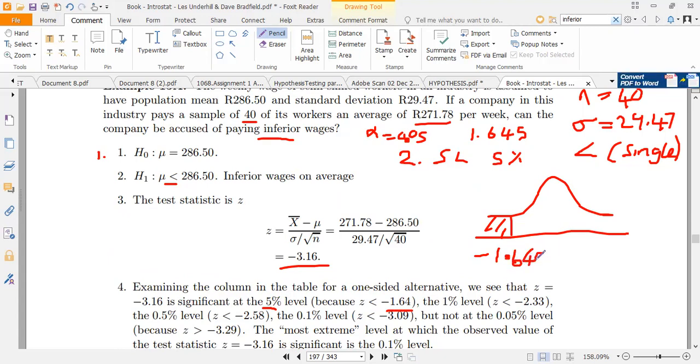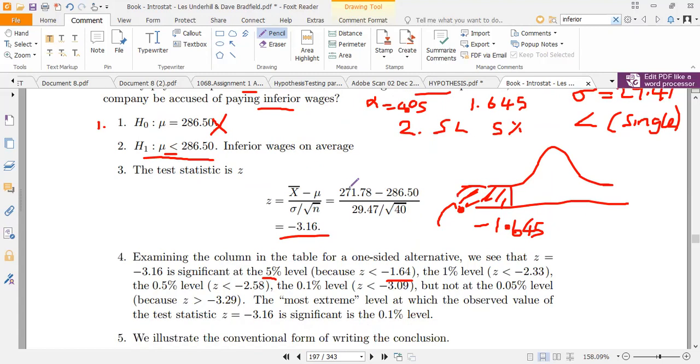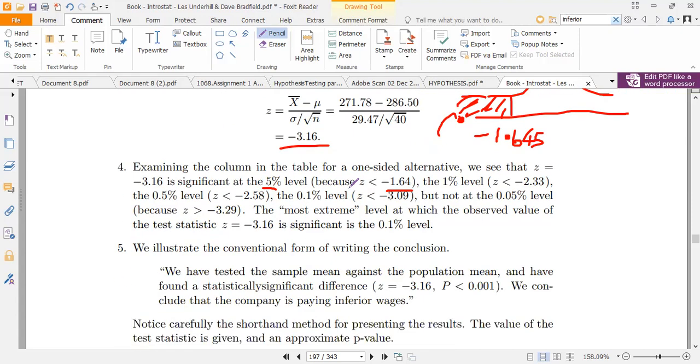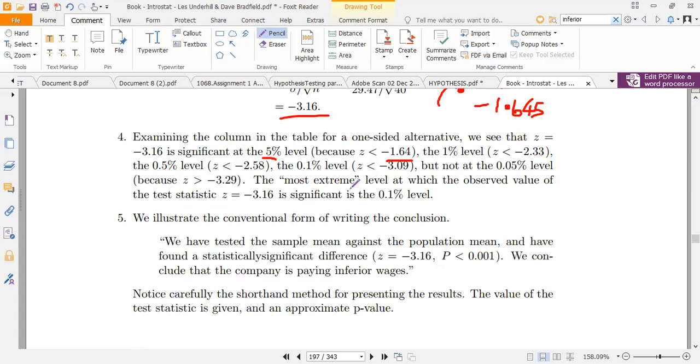Then our calculated value is found somewhere here, negative 3.16. So it's in the rejection region. So we're going to reject H0, meaning these guys are paying inferior wages. Whenever we reject, we can conclude that there's a significant difference in the wages. So we can simply agree to say that they are paying inferior wages.